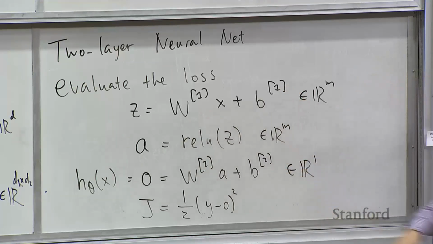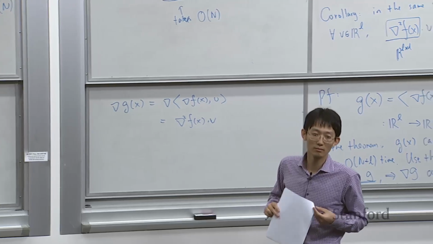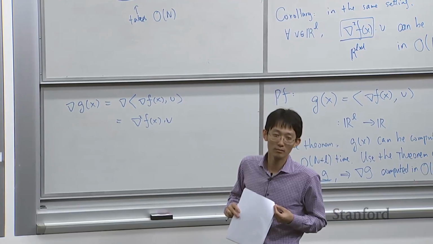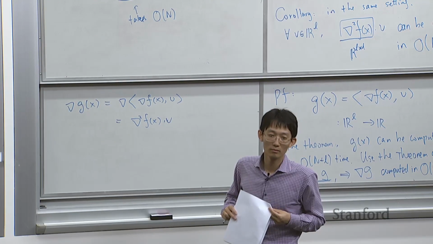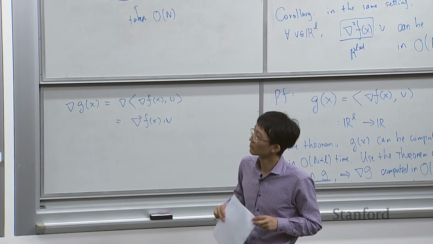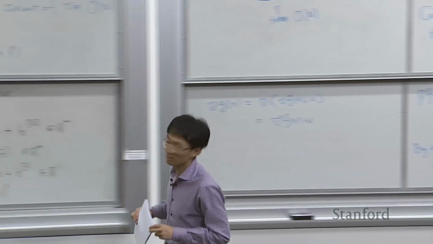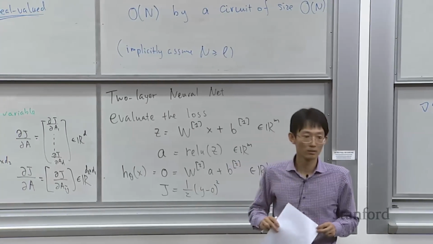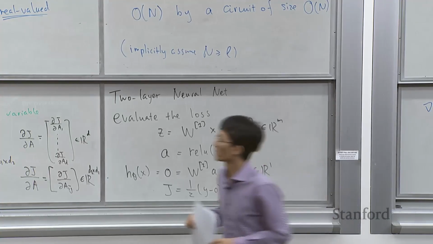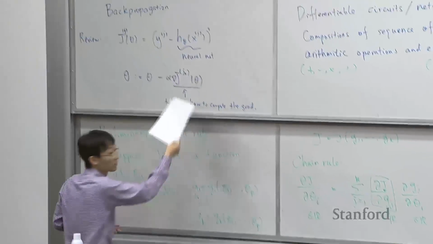So now the question is, how do I compute the gradient with respect to W1, W2, B1, B2? A student asks: in general, will we compute the gradient for all the samples, or only for a few samples in a batch? That's about how you implement this algorithm.